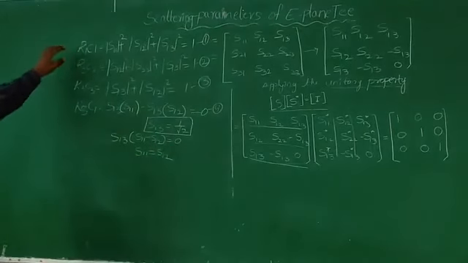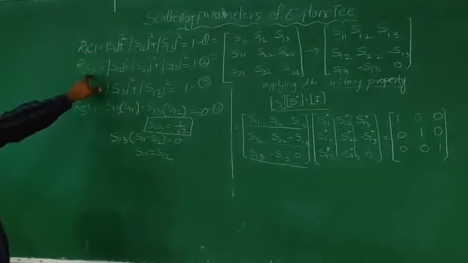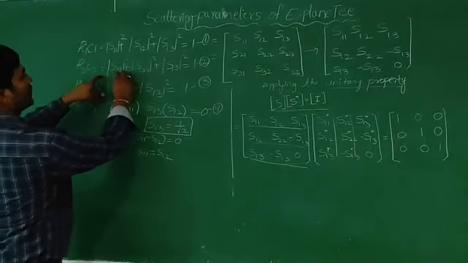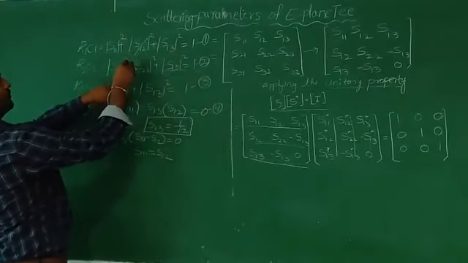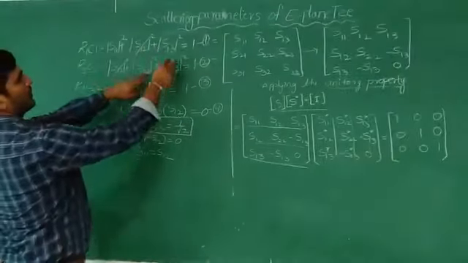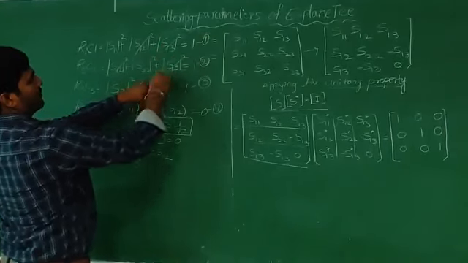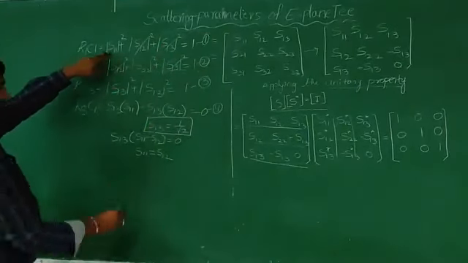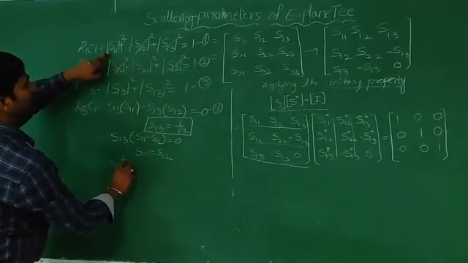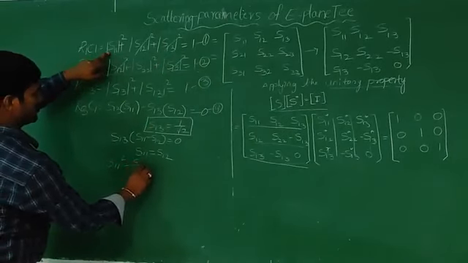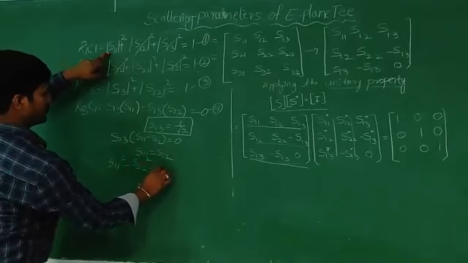Now we are going to subtract R1C1 minus R2C2. The common terms will be cancelled. S12 cancels, S13 square cancels. So we can write S11 square minus S22 square equals to 0.